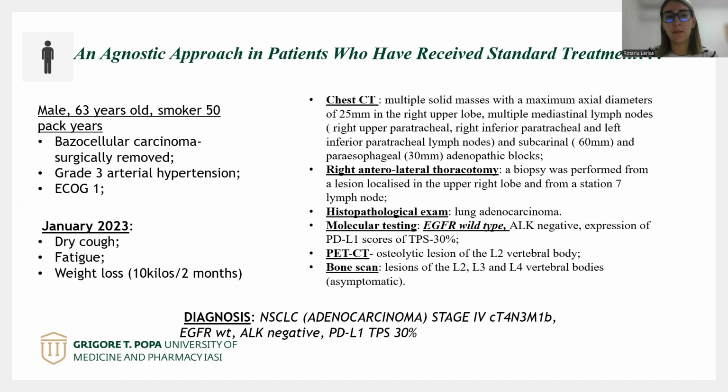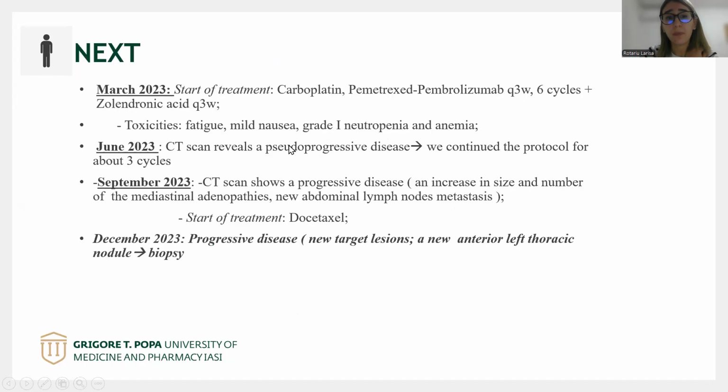To emphasize my main idea, I will present you a clinical case, a non-small cell lung cancer stage 4, EGFR wild type, ALK negative with the expression of PD-L1 of 30%, a male, a smoker, diagnosed in January 2023. We started standard treatment with carboplatin, pemetrexed, and pembrolizumab.